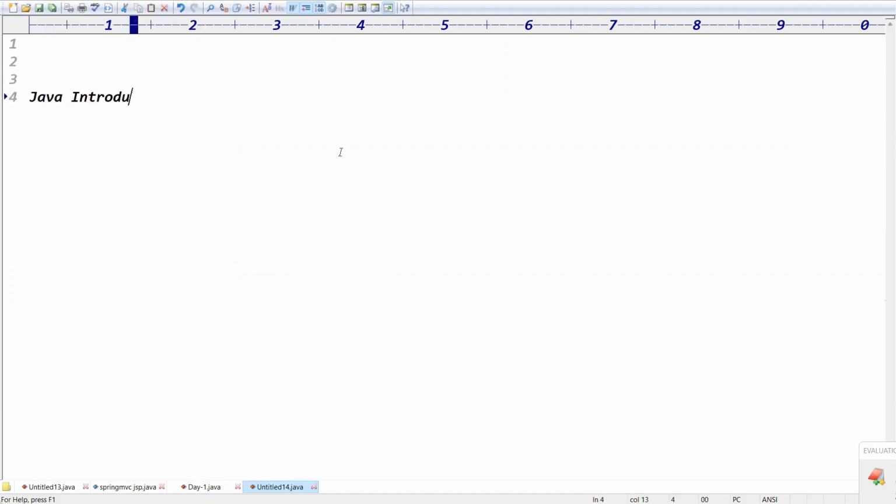Before starting any language, first of all, you have to know who created that language. What is the name of that language initially? What versions are running? Which version is the stable version in real time? You need to know this information, right? Just tell me, a small piece of information: who is the author of Java, the creator?